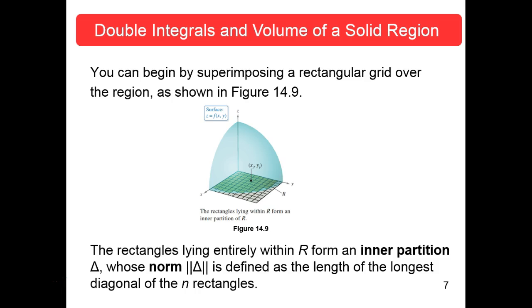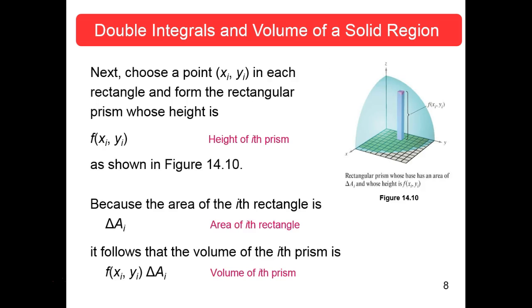The rectangles lying entirely within R form an inner partition whose norm, called delta, is defined as the length of the longest diagonal of the n rectangles. So take one of these rectangles; its longest diagonal is what we're talking about. Don't sweat it too much. It'll start making sense a little later.